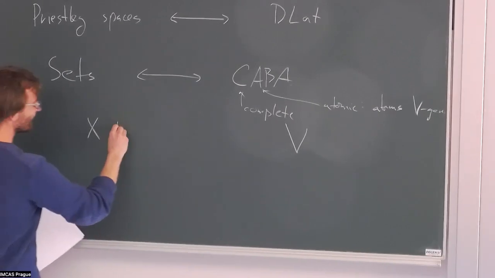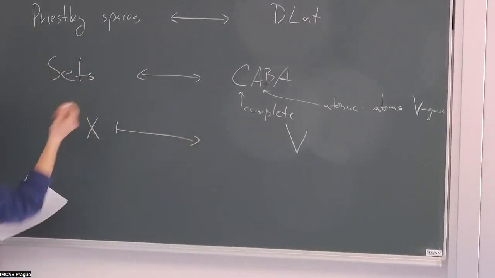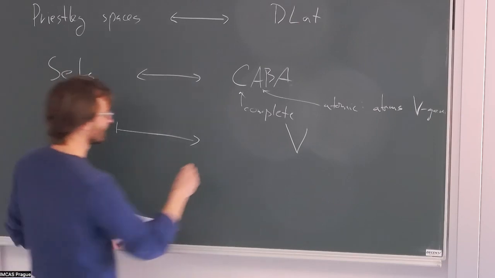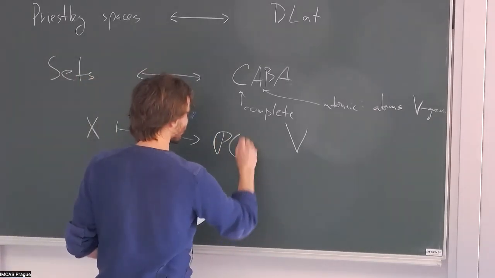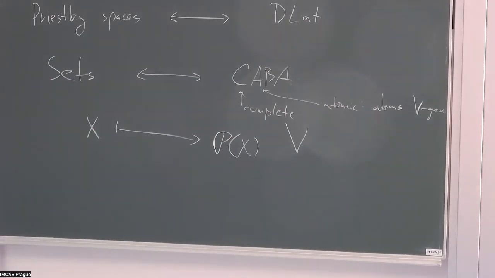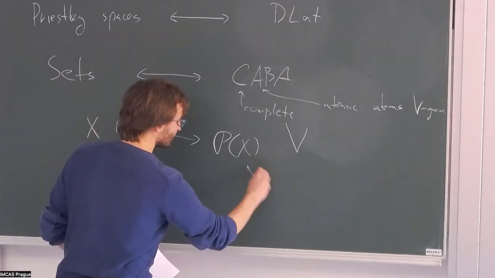So if I have a set, I can build a complete atomic Boolean algebra. Any guesses? Exactly. It's that trivial. So you just take the set of all subsets, ordered by inclusion. So it's a complete Boolean algebra. And what are the atoms? The singletons, exactly.